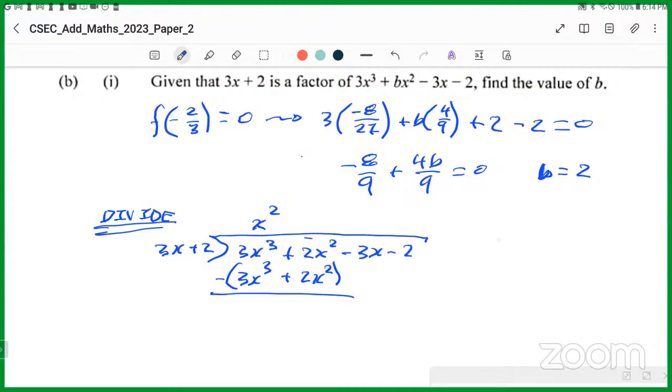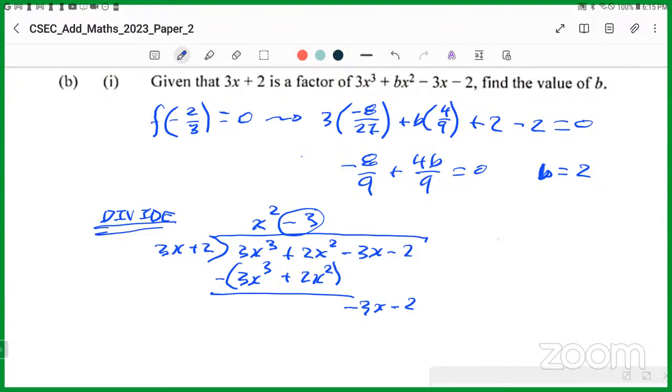Subtract, these are gone, everything else is gone. So I'm left with minus 3x minus 2. So this divided by this gives me back a negative 3. And negative 3, something is wrong.